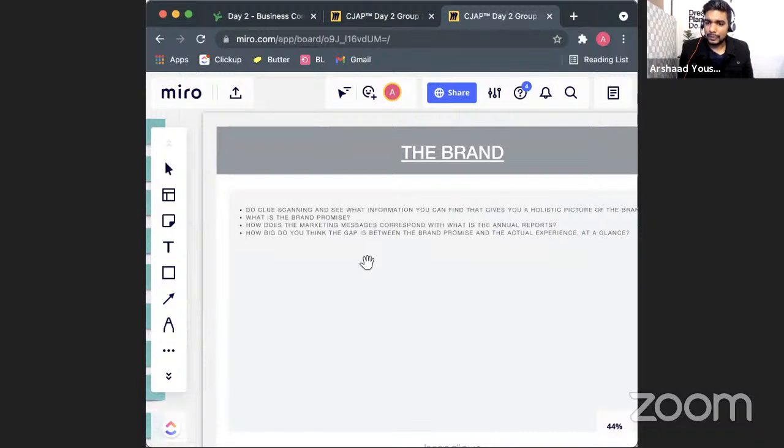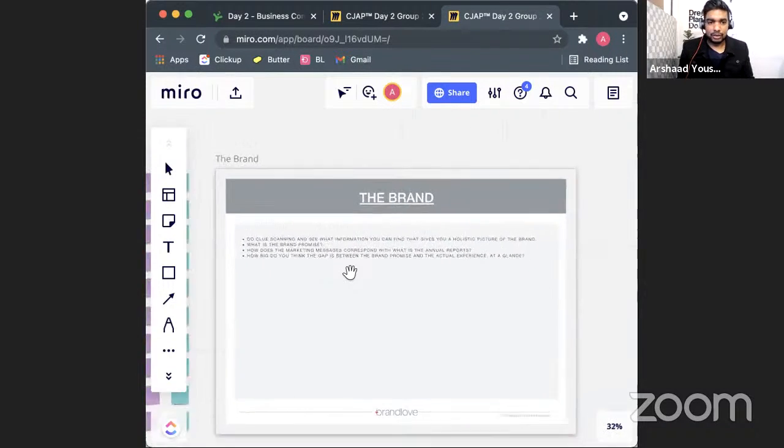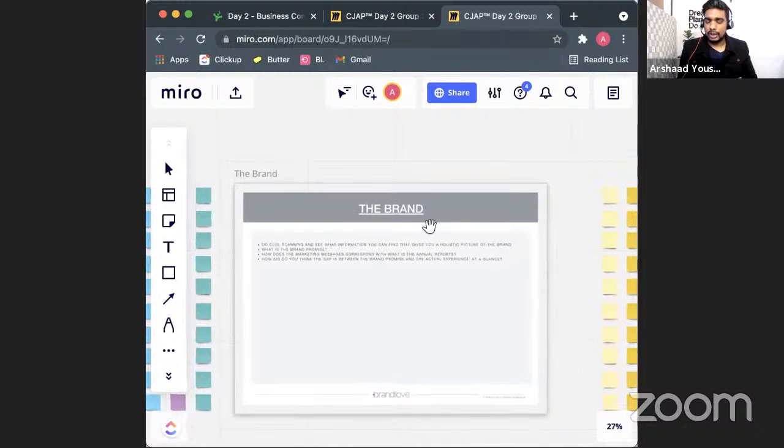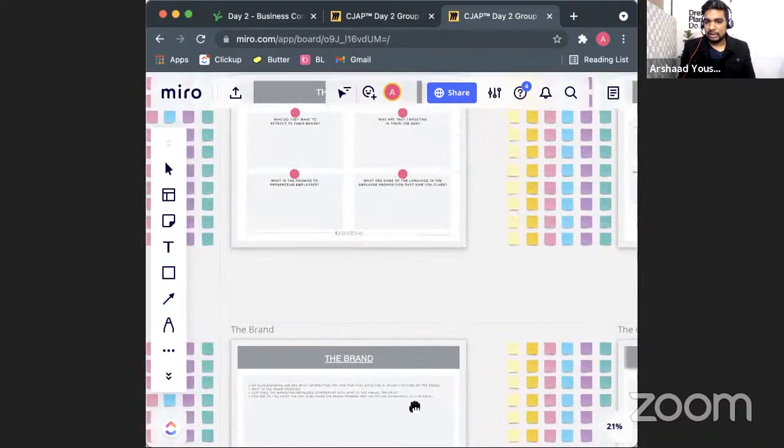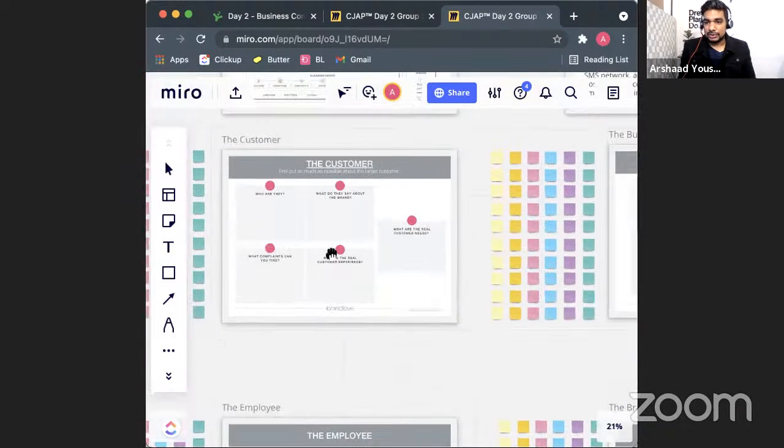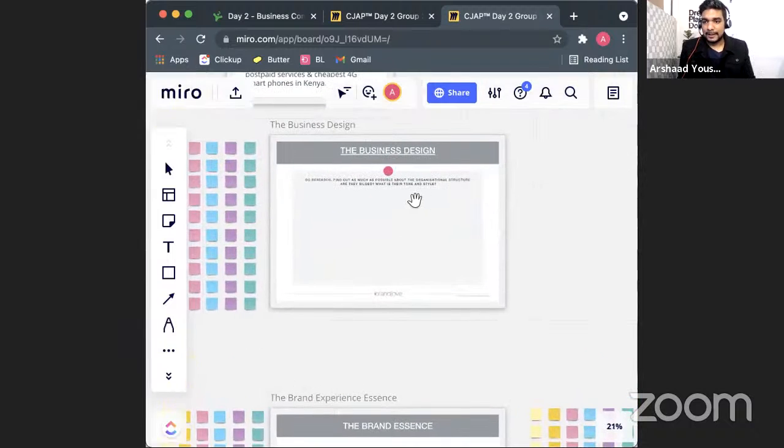How big do you think the gap is between the brand promise and the actual experience at a glance? Whoever's covering this board, you need to think of really high-level information and data to try and match what the brand is promising versus what the customers are saying. So you might need to have a chat with the person who's going to get the research on the customer to look at some of those reviews.